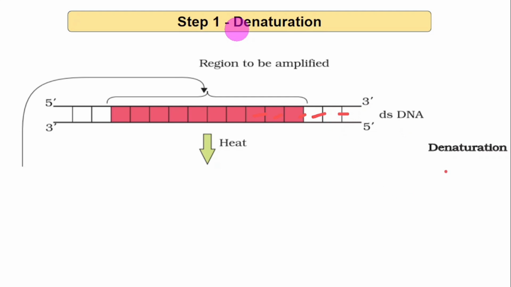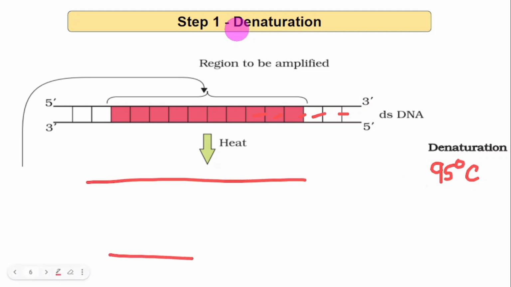These bonds are broken with the help of high temperature. So 95 degrees Celsius is maintained in the PCR machine. And then finally you will have the two strands separated out. So this will be the 5' to 3' strand, and this is the anti-parallel complementary strand, 3' to 5'.